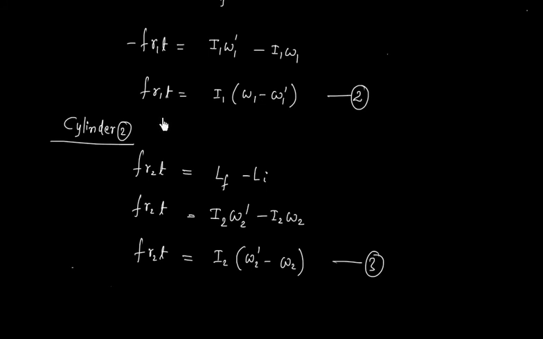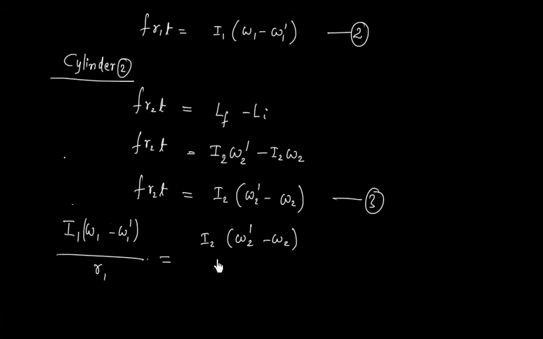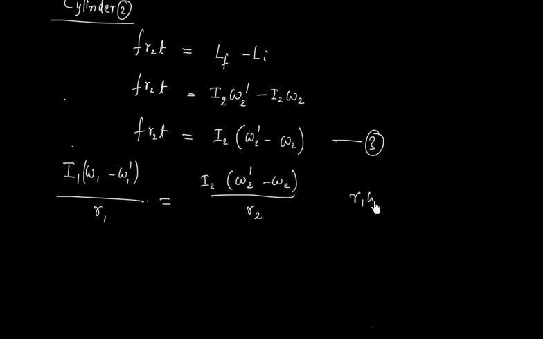From equations 2 and 3, we can equate the value of F into t. So we will have... And we also know that r1 omega 1 dash is equal to r2 omega 2 dash.